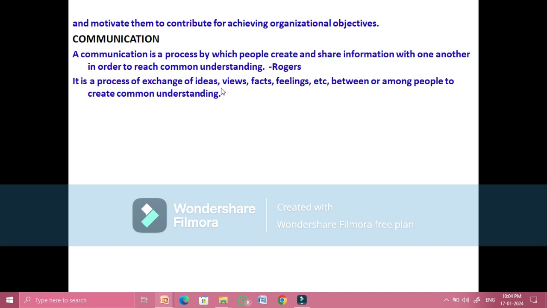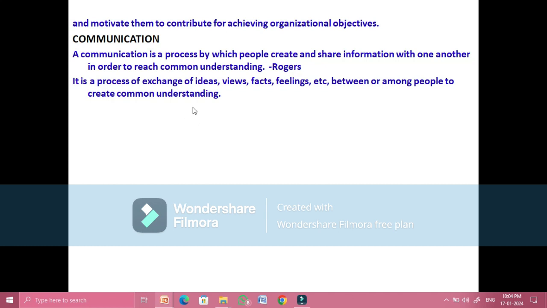Effective communication means two-way communication. Not only from top to down, but from bottom to top level also, that is both downward communication and upward communication should be followed.